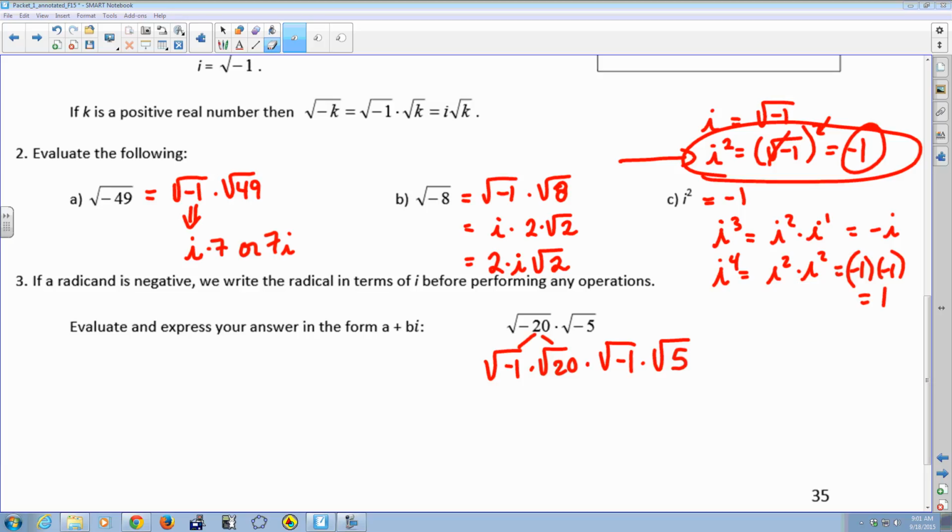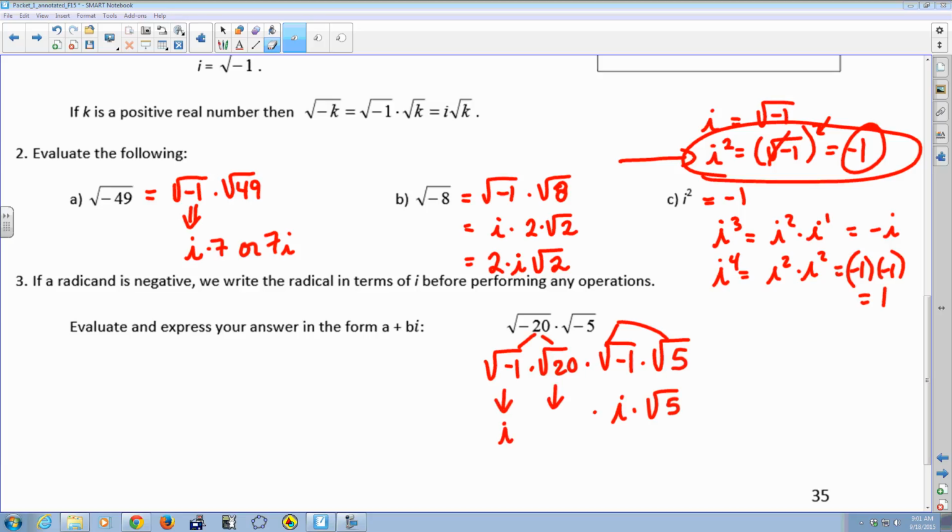And the square root of negative 5 is the square root of negative 1 times the square root of 5. So this is i times the square root of 5. The square root of negative 1 is i, and the square root of 5 is the square root of 5. This square root of negative 1 is also an i.